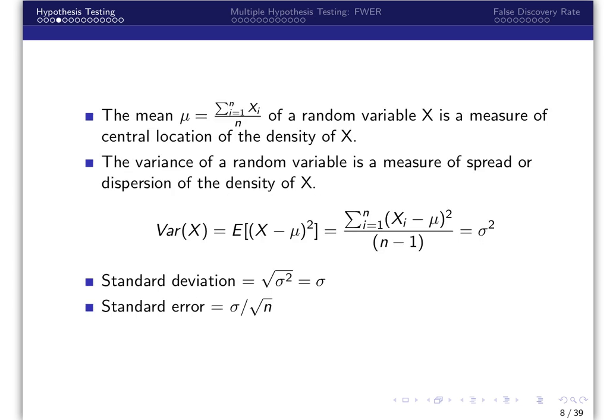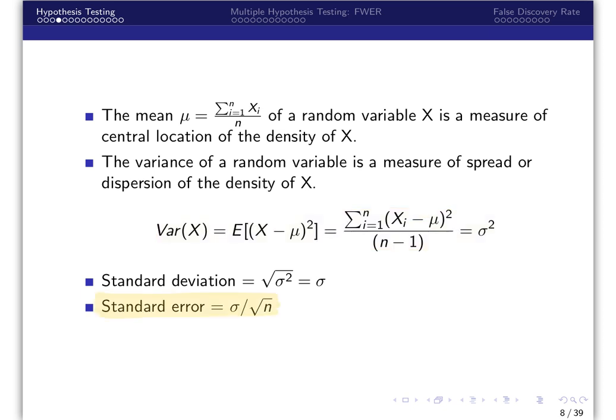Because we use the means and the standard error of the mean difference in the two-group comparison, as a reminder, the mean is simply the average of a random variable and is a measure of central tendency of the probability density of X. Its standard deviation is the square root of the variance, where the variance is the sum of the squared deviations from the sample mean divided by the sample size n minus 1, as 1 degree of freedom is lost when the mean is calculated.